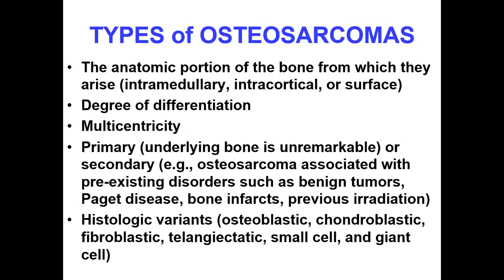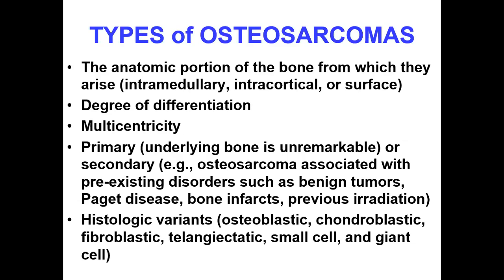Then degree of differentiation, multicentricity, whether they are primary or secondary, that is primary when underlying bone is normal, not involved by any other disease, and secondary when osteosarcoma develops on pre-existing disorders like benign tumors or Paget's disease, infarction of bone, or previous irradiation.